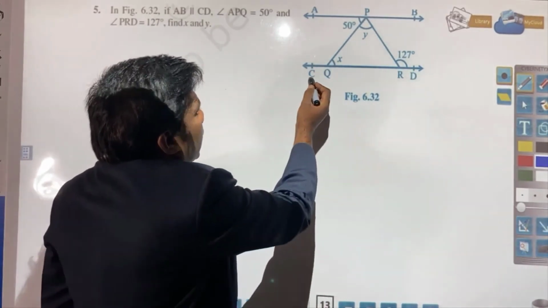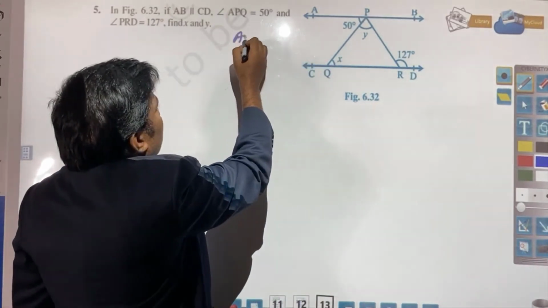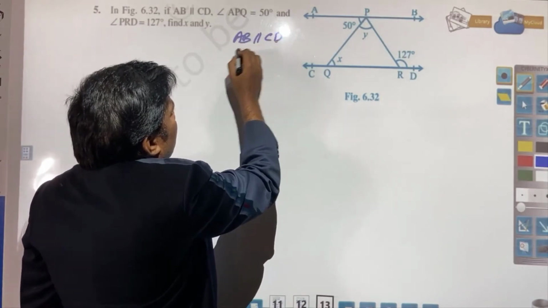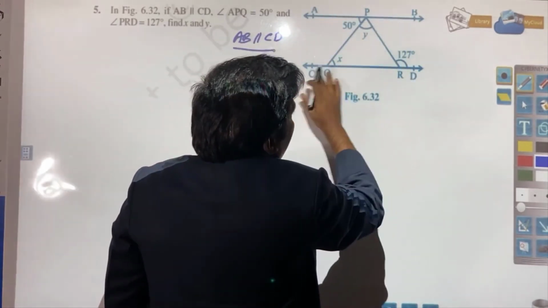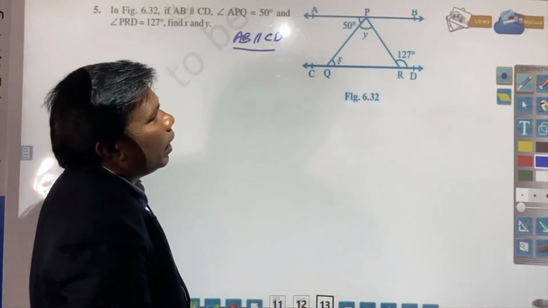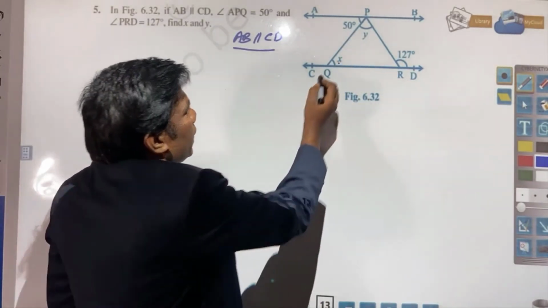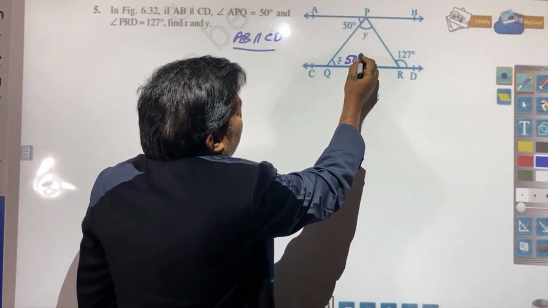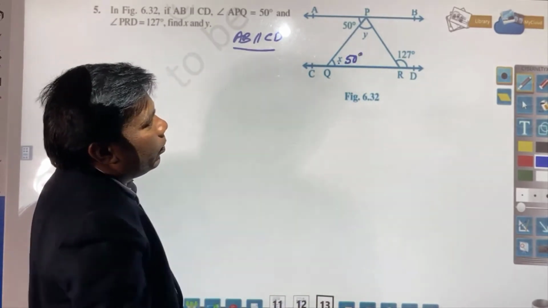Since AB is parallel to CD, both angles will be alternate interior angles and that's why this will be 50 degree. This you need to write down in proper way.